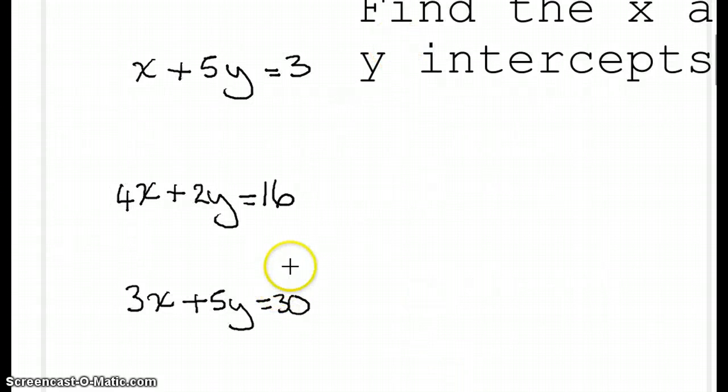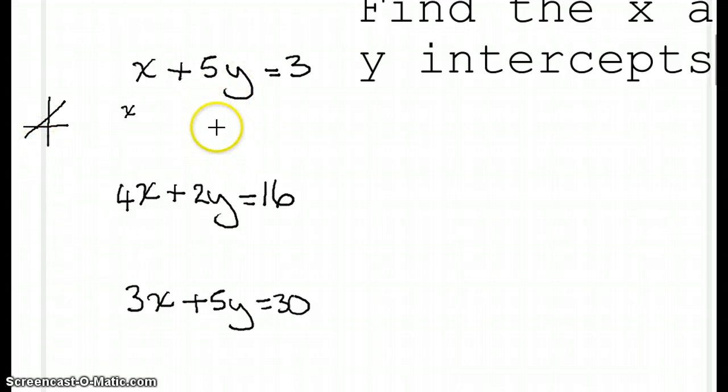So how do I use this? Well, let's take a look. Sorry you can't see this. It says find the x and the y-intercepts. So if I'm looking for the x and the y-intercepts, the first thing I want to do is draw myself a little graph to remind myself. I'm looking for the x-intercept. So when I cross the x, my y is 0.